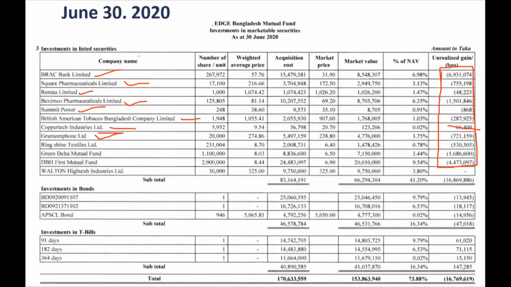I can't recall right now. Okay, this is a textile company. These are mutual funds. So they tried to make a good diversification.